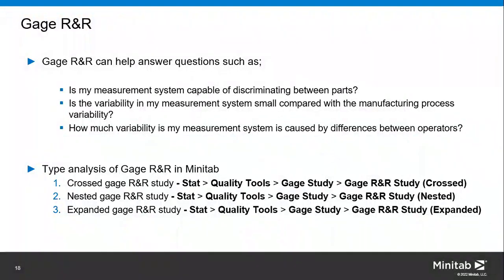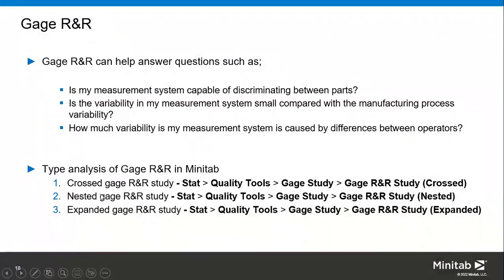And then if you consider another factor besides the part and operator, maybe the location of your measurement or the temperature during the measurement, so you have to consider other factors, you will go to the expanded Gage R&R study.